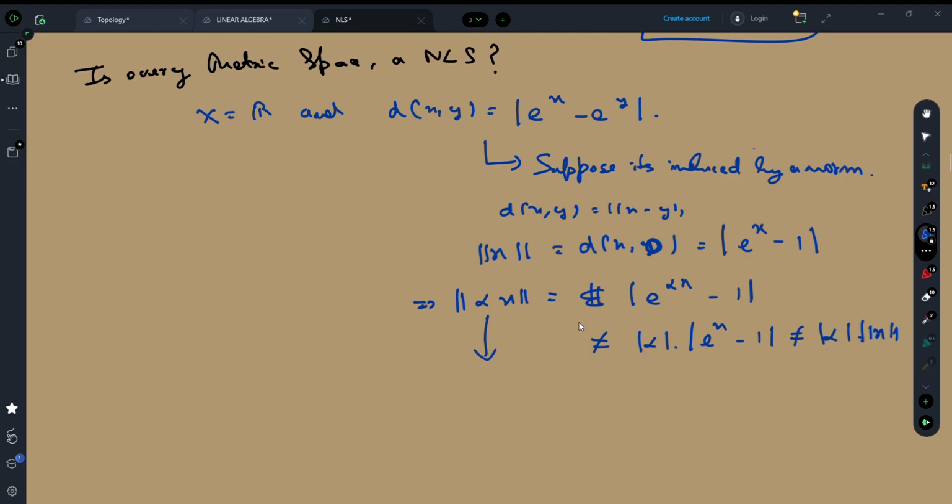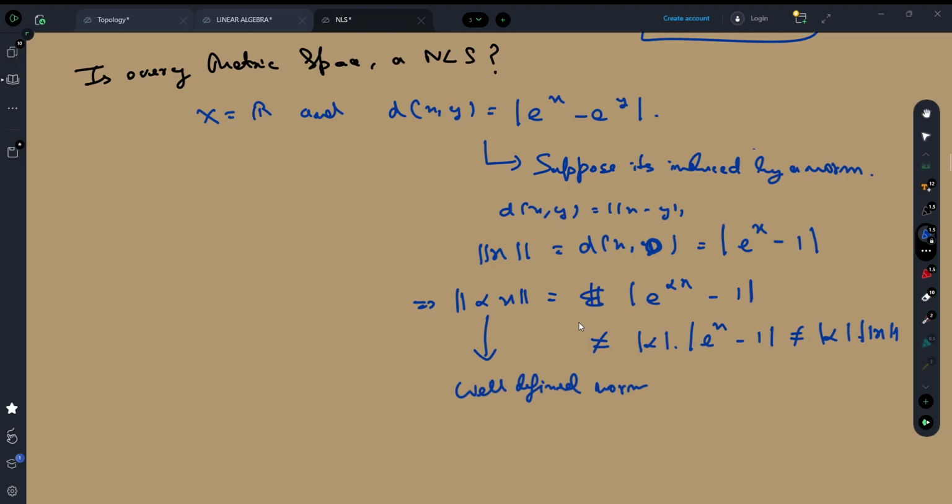So this cannot be a well-defined norm. So not every metric space is induced by a norm. Okay, you should be sure about that.